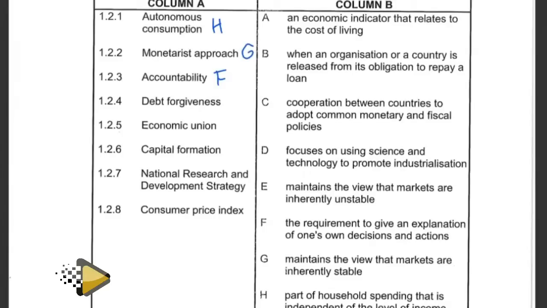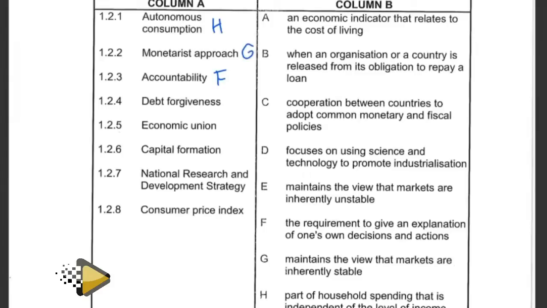So now, remember, grade 12s, as I said earlier, whenever you are faced with this type of questions, you should always make sure that you go through each and every option given in column B, or each and every description given.